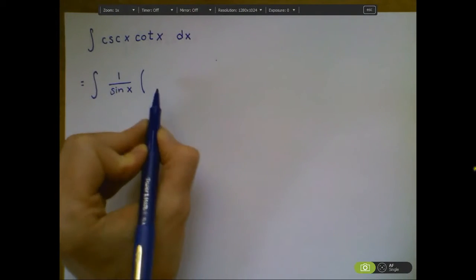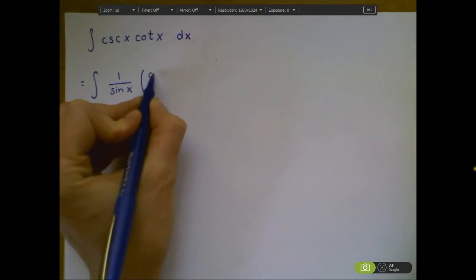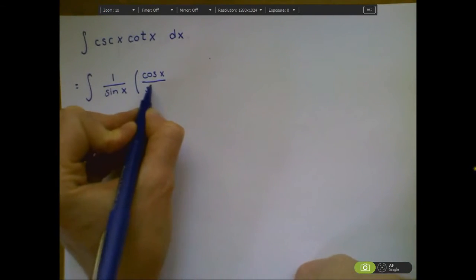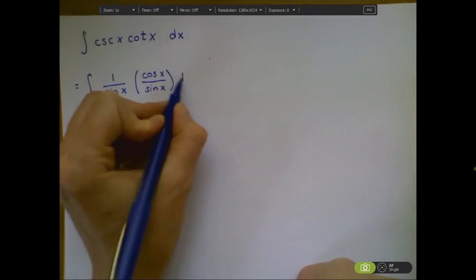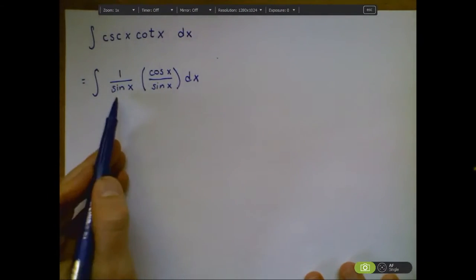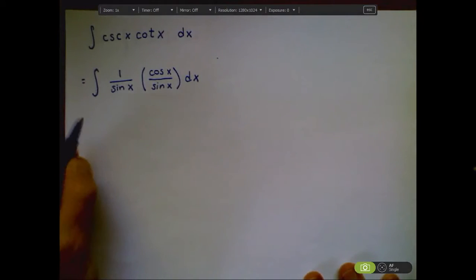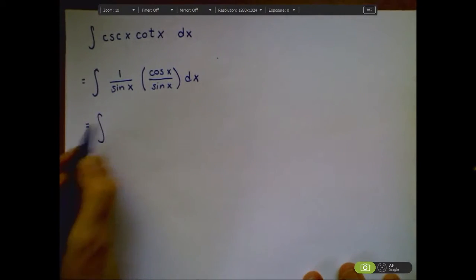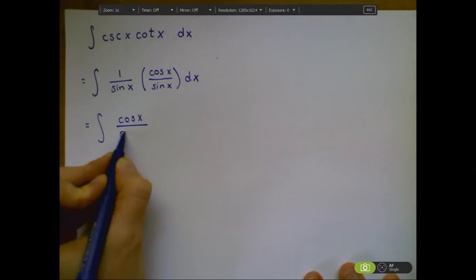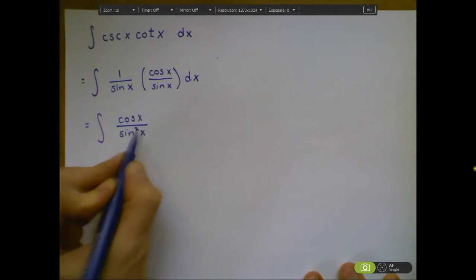So instead of sine over cosine, it's going to be cosine over sine. I haven't done any integration. There's no calculus here. I'm just converting these into their basic pieces and rewriting it. Now when I rewrite it, I have a cosine x in the numerator, and I have a sine squared x in the denominator.